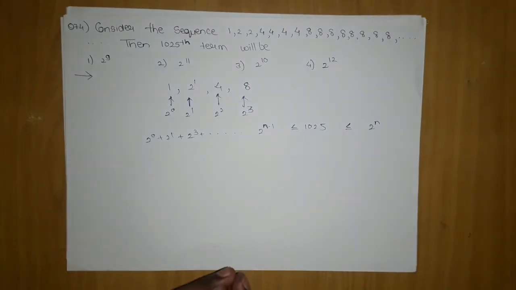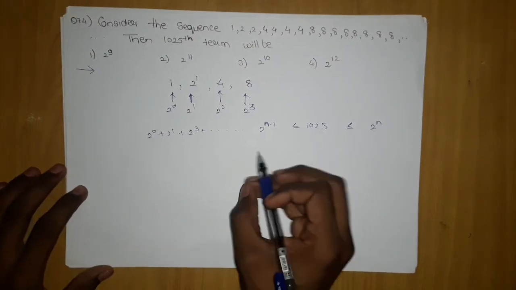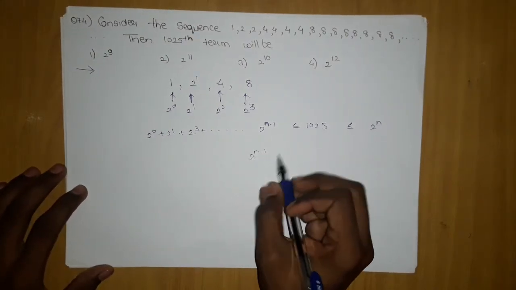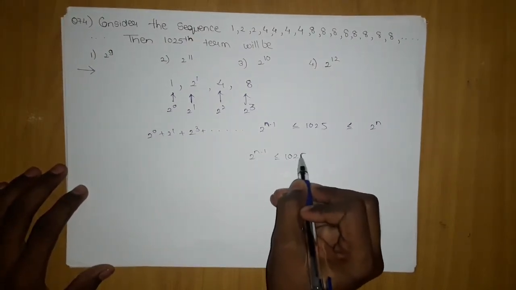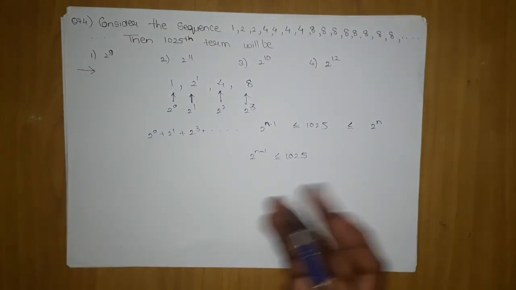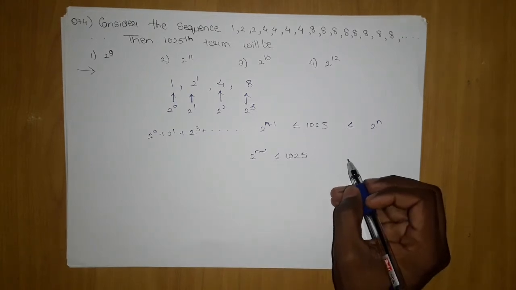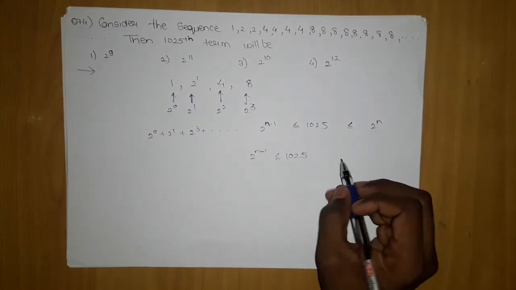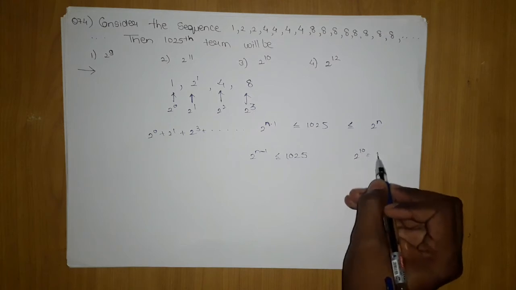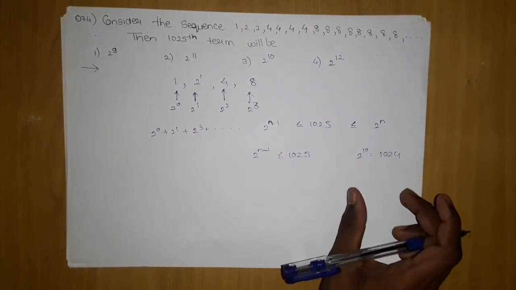So to solve this, 2 power n minus 1 equals 1025. What should be the lowest common power of 2 which can give you this? 2 power 10 is what? 1024. So 1024 is the highest possible value.